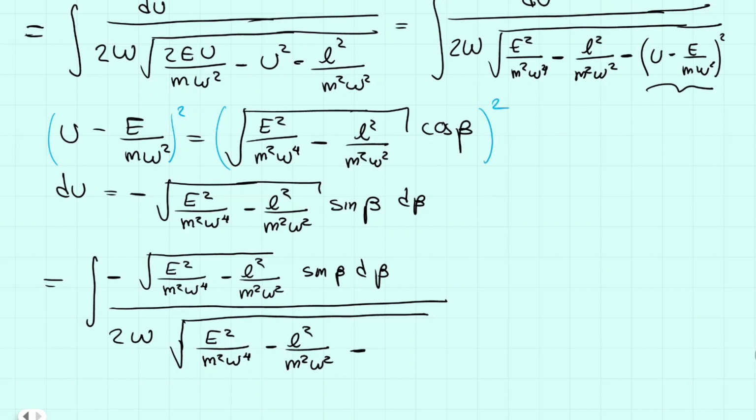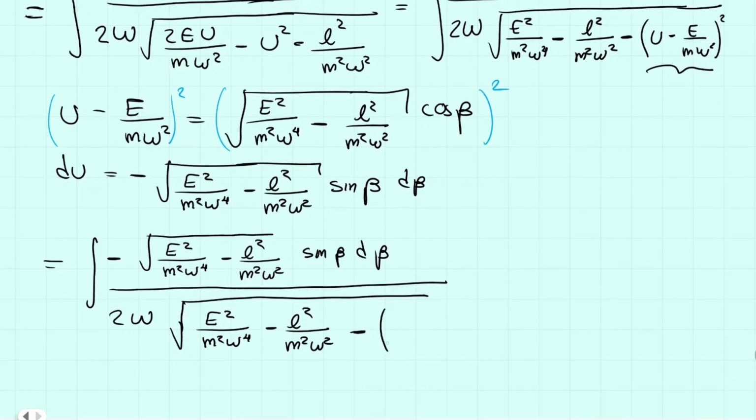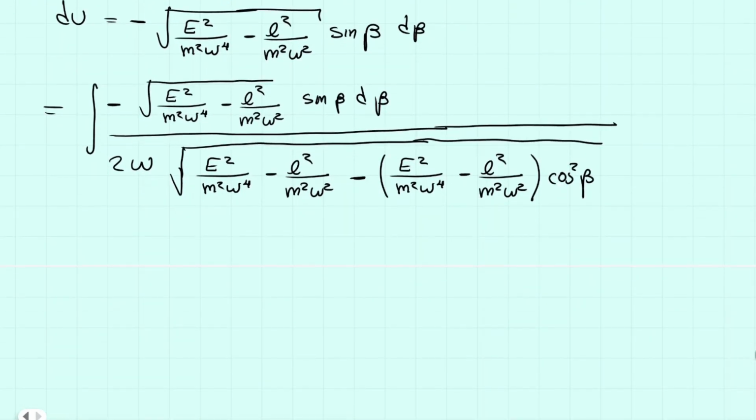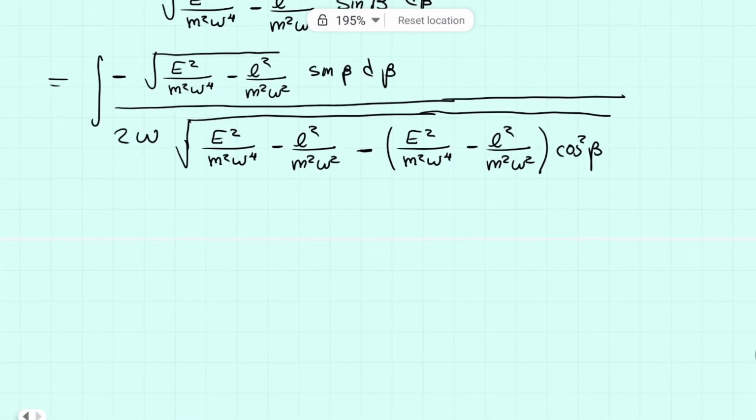Okay, so we are going to write this. It will be this expression and then cosine squared beta. Okay, very similar to what we have done in the theta case.